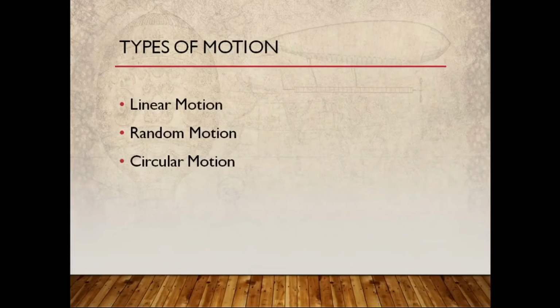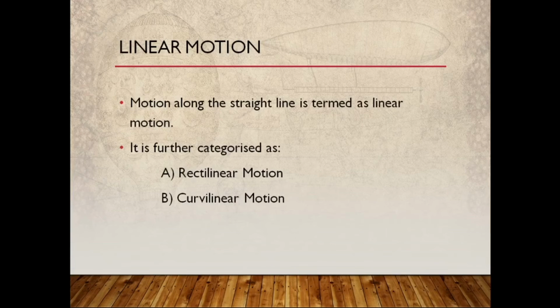Now, there are many types of motion, but here we will study three main types: linear motion, random motion and circular motion. These terms are very clear from the names themselves, like linear motion. Linear means straight.